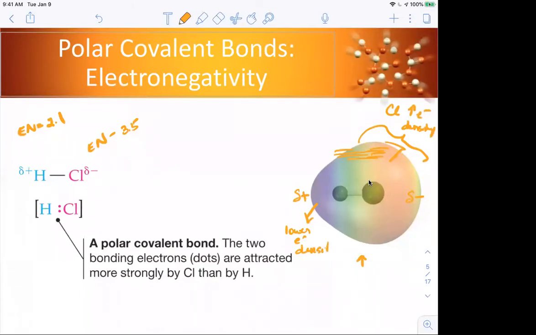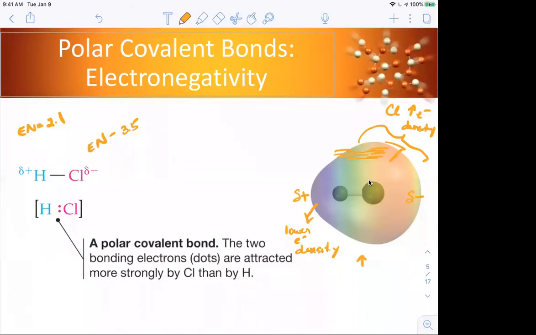If I shift my electron charge, my negative charge, to the chlorine, there's going to be a higher amount of negative charge around the chlorine and a lesser amount of negative charge around the hydrogen. So the hydrogen part of the molecule becomes partially positive because it's losing electron density.